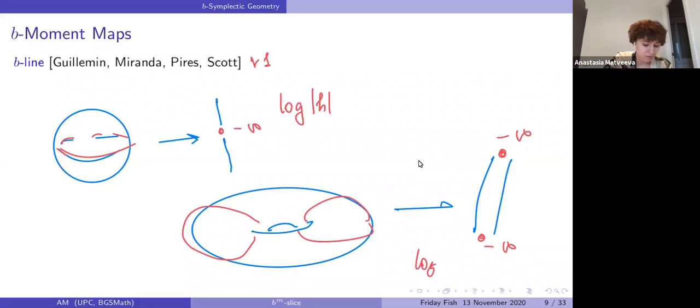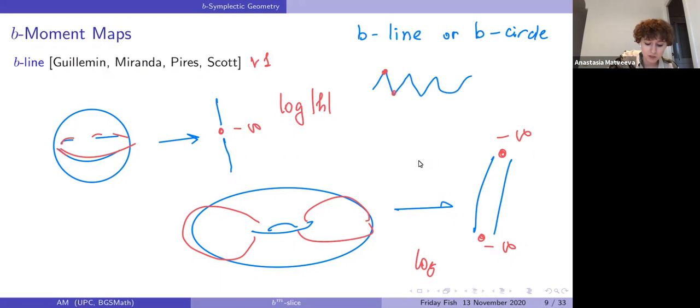And there is a theorem saying that for the surfaces, the image of the moment map will also be either a B line or a B circle. That comes from this kind of zigzag graph with these special weighted points on the edges.